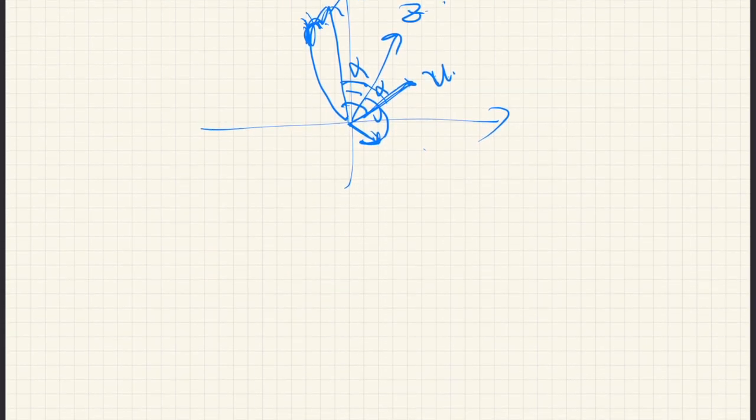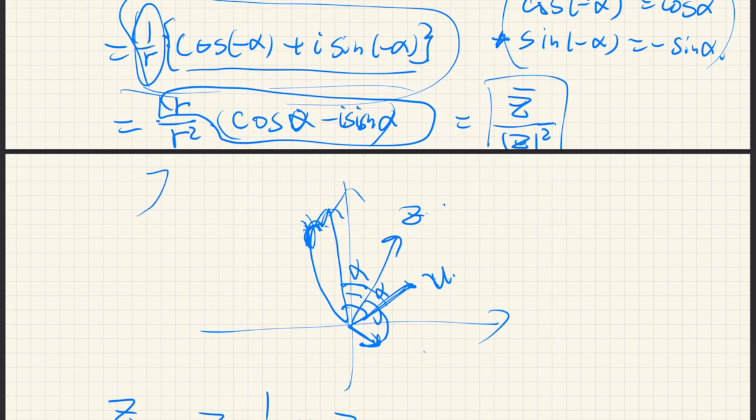So next, consider the division z by w. Of course this is just multiplication of z by 1 over w, so we can apply the same argument as the previous case.